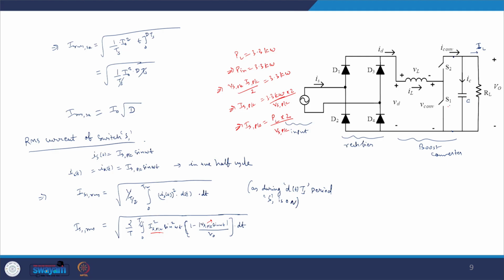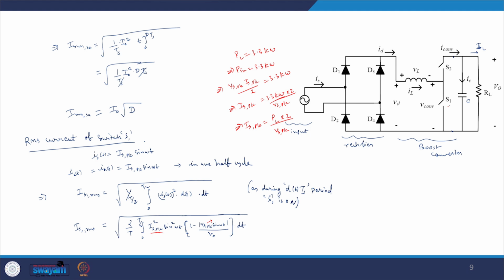Obviously, a single phase AC to DC power converter with unity power factor current drawn has that as another important condition. Then we saw how we can size switch S1. We understood the voltage rating of S1 is equal to V naught, the output voltage. Then we understood how to obtain the expressions of RMS current flowing through the switch in any generic power converter, and using that concept we obtained the expression of RMS current for switch S1.